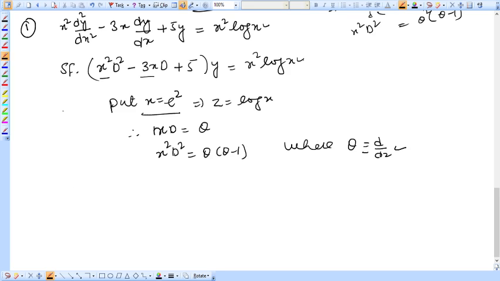So in this way this equation becomes theta into theta minus 1 minus 3 theta plus 5.